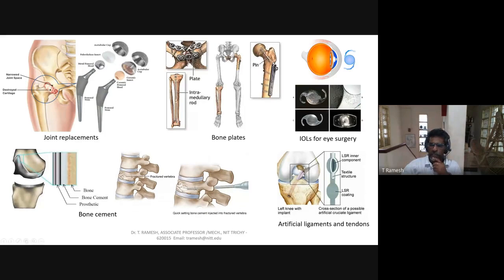So this is the left knee with the implant, and the cross section is given over here.